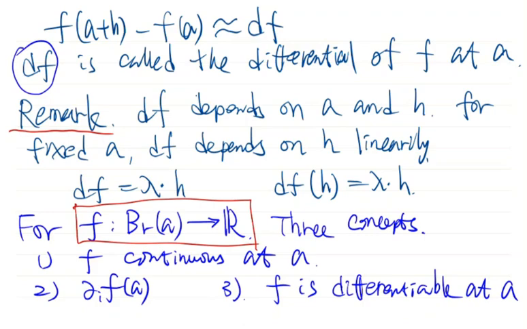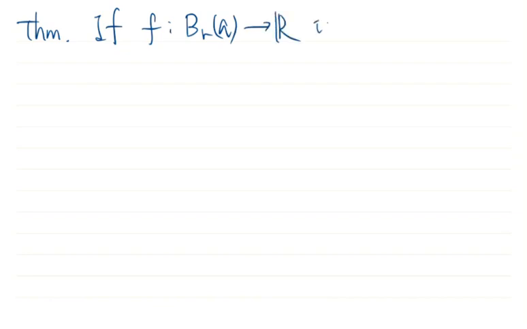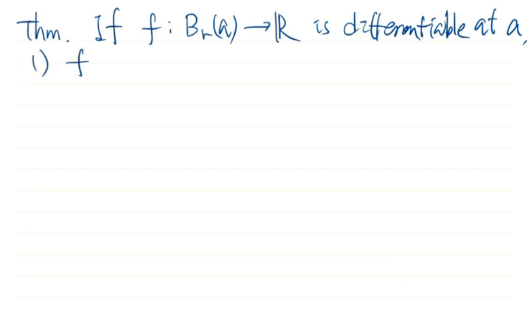So what's the relation between these three properties? Their relation can be described in the next theorem. If our function is differentiable at the point a, then the first thing is that f is continuous at the point a.